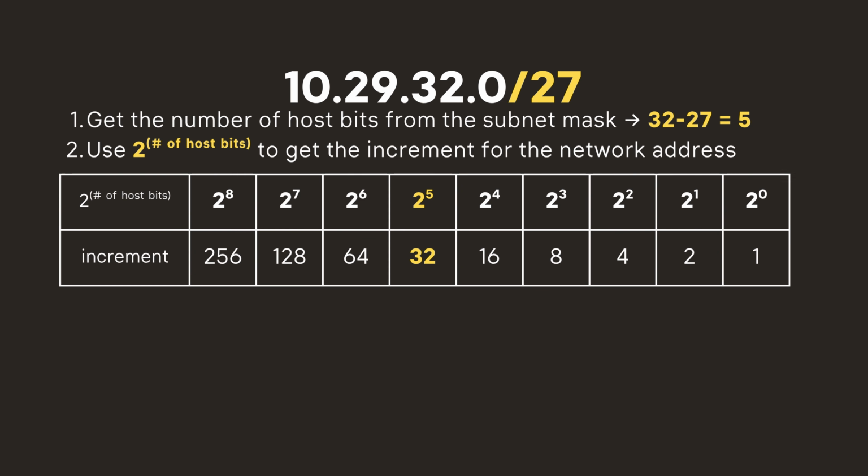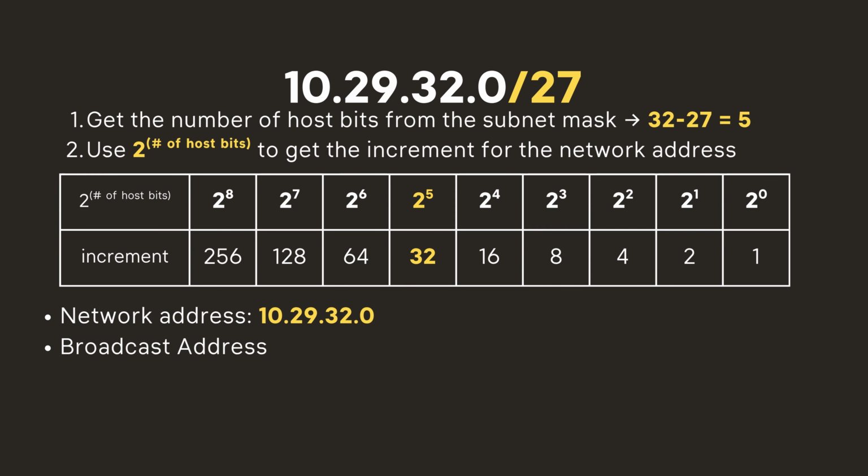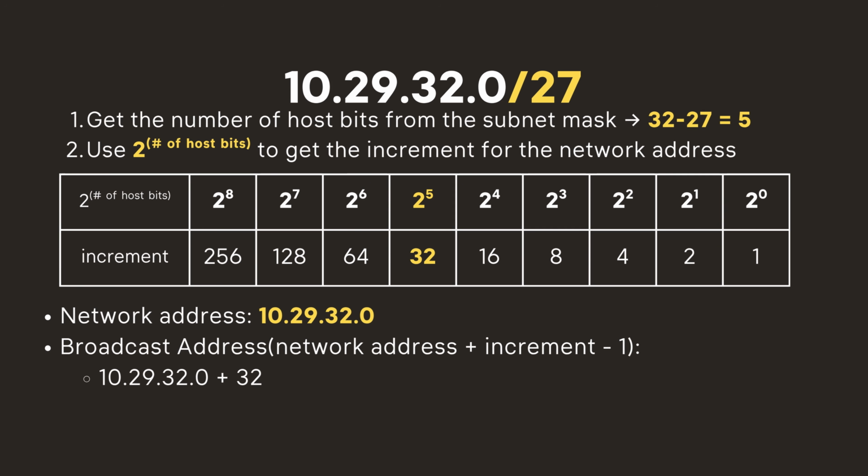After that, you can identify the network address, 10.29.32.0. Then you can get the broadcast address by using the formula network address plus increment minus 1. 10.29.32.0 plus 32 is 10.29.32.32.